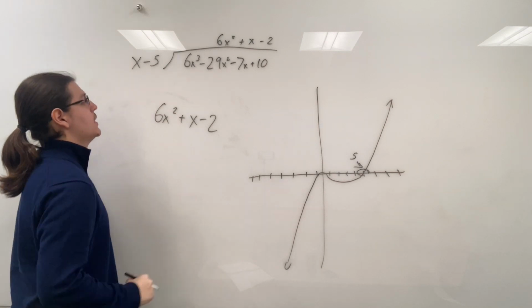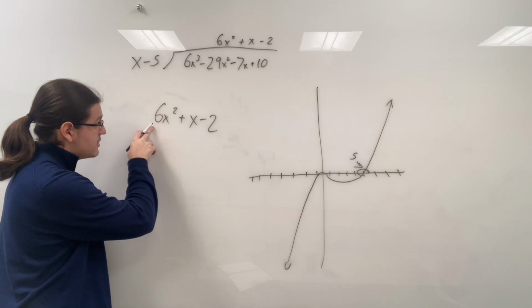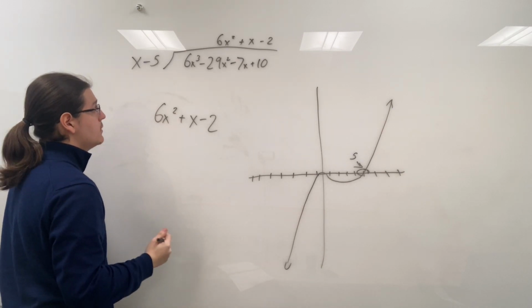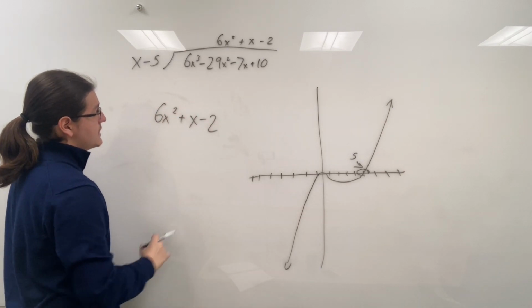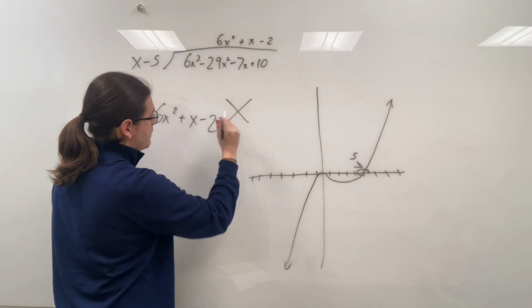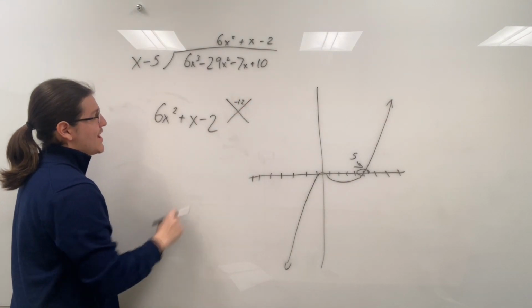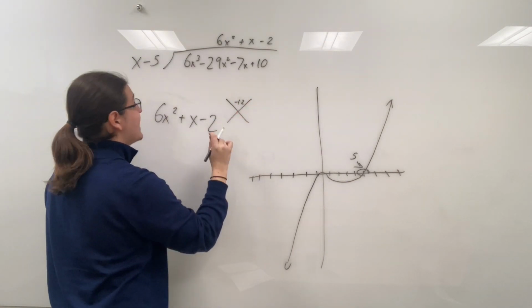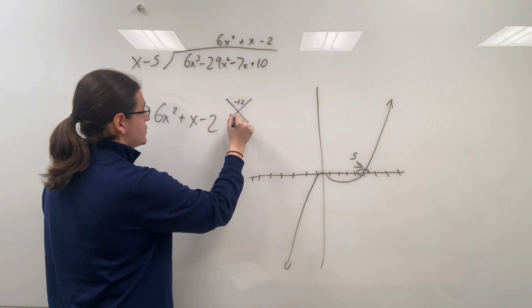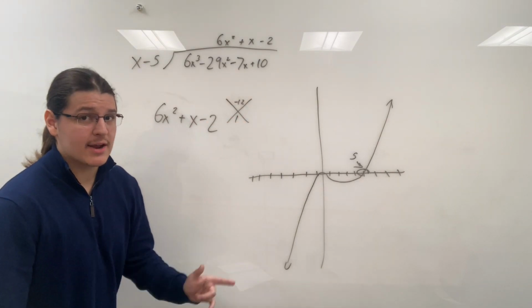So let's see. Rainbow method, since our leading coefficient is not 1, so multiply 6 by negative 2. So I'm just going to draw my little cross here. What multiplies to negative 12, my bad, and adds to 1? Negative 12 does not have that many factors.